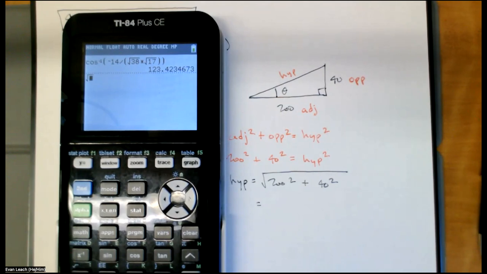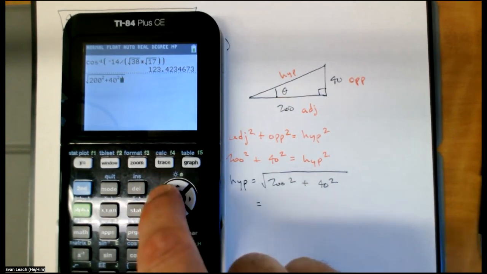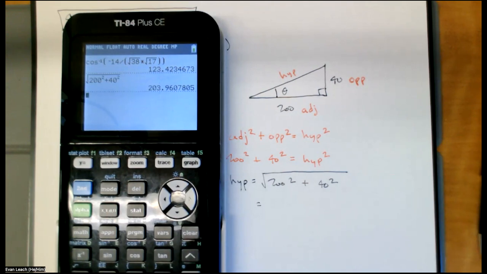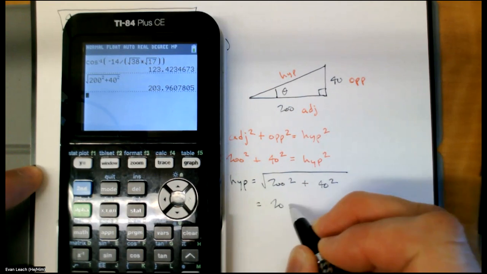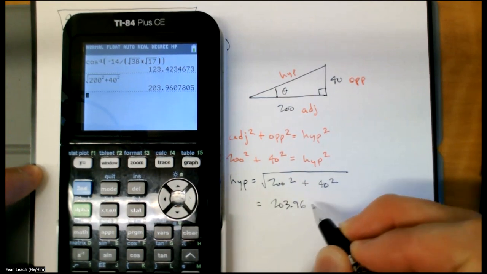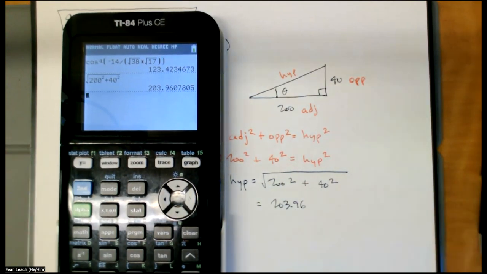The square root of 200 squared plus 40 squared. So we got 203.96. We'll worry about where it has to round if we go back to the problem and find that it is useful.